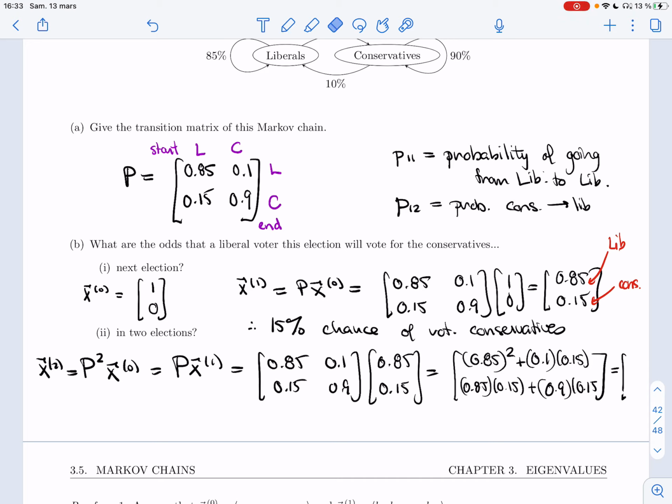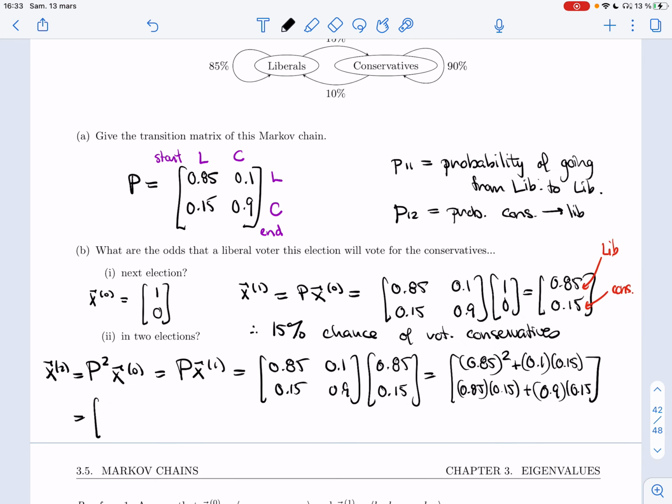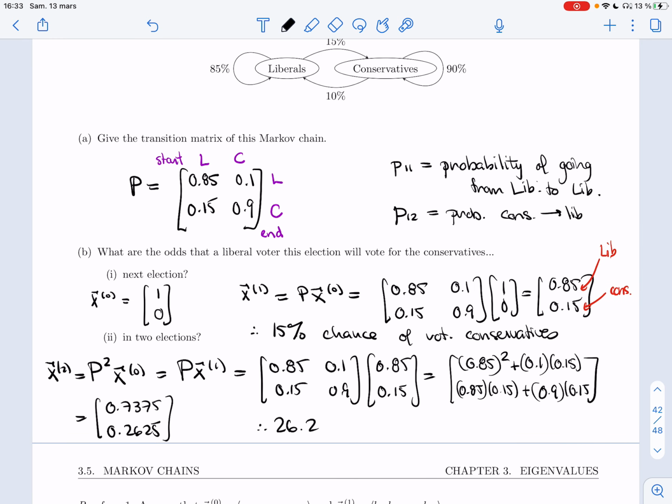Sorry, it is a bit low on space, I'll put it over here. That's going to be 0.7375 and 0.2625. So a 26.25% chance of voting conservative in the second election.